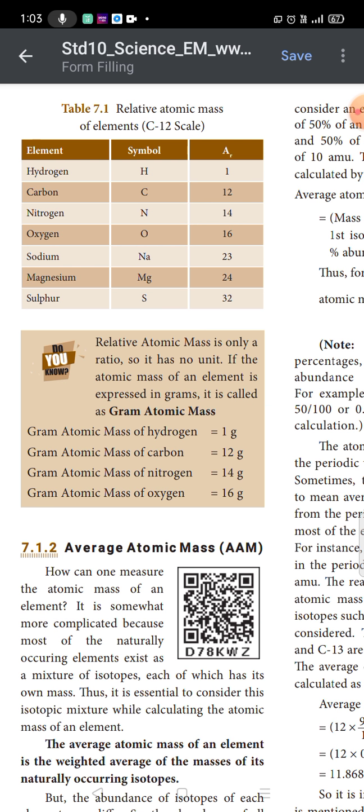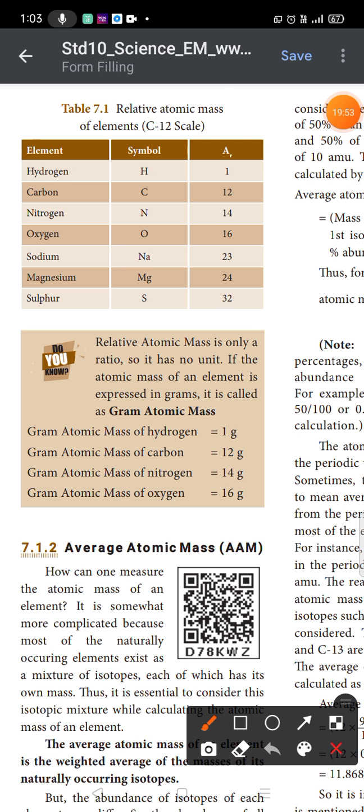Let me go to the next one, carbon. The atomic mass of carbon is 12, because carbon is the sixth element. If I want to write it, I simply write C, which has only one atom. If there is no number in the subscript, we note it as 1.